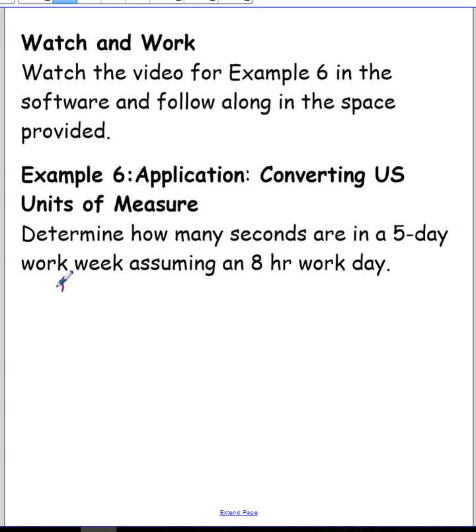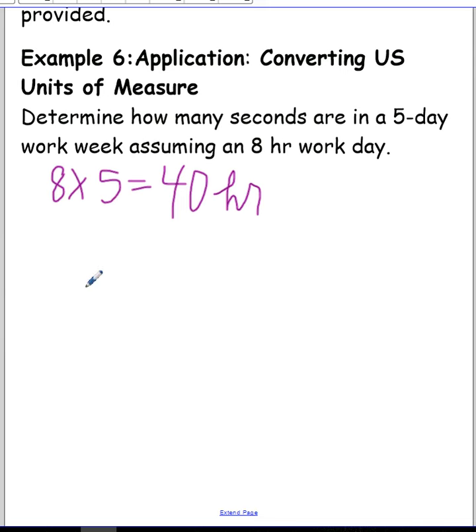We know that we just need to multiply 8 times 5, not divide, to get 40 hours worked that week. And again, this is an easy one for us because we're dealing with time, which is something that we work with every day. So let's just show using a unit fraction how we would do that.